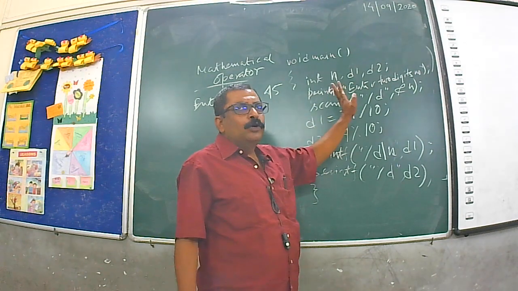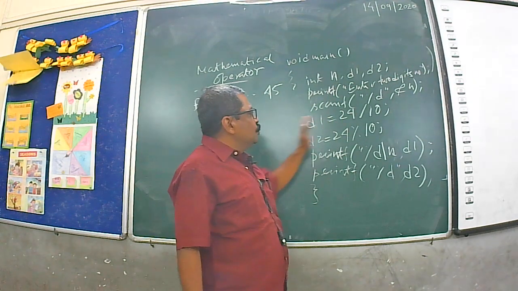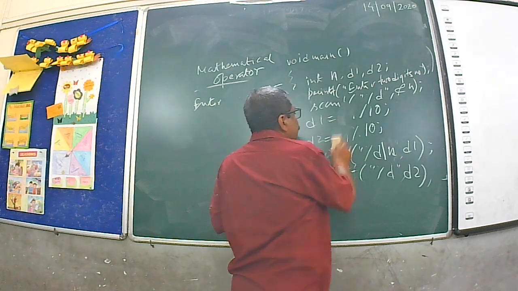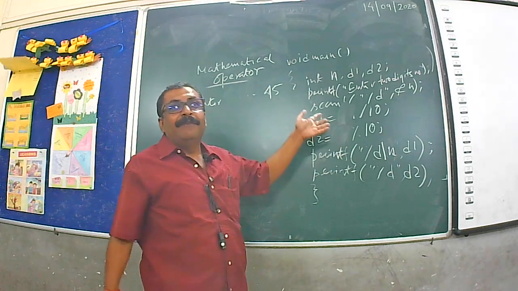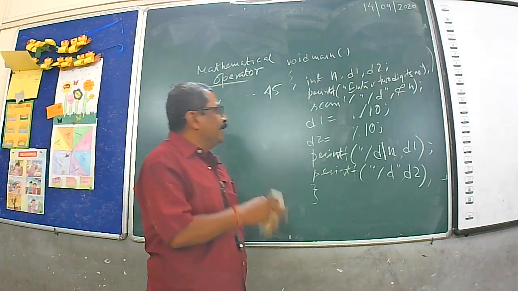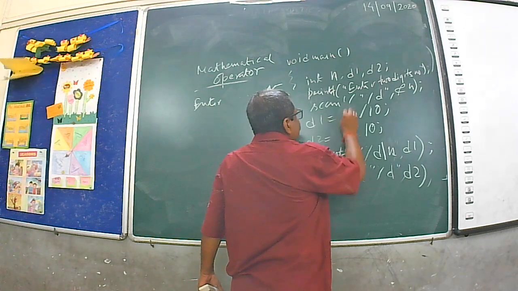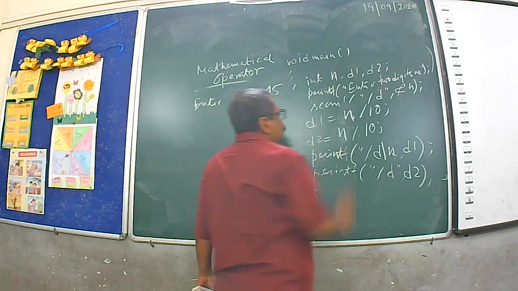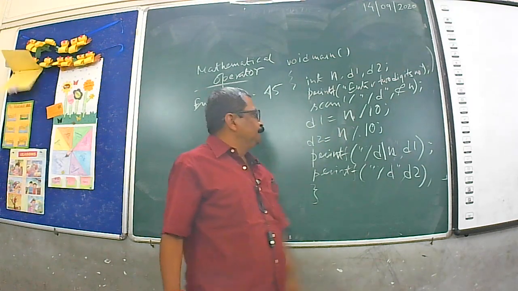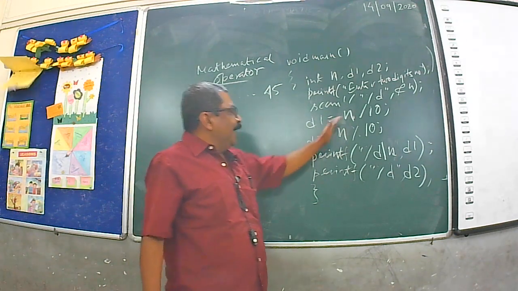So, n is equal to 24. Here I have to change, because that time the value had been fixed, that is the reason I gave 24 modulo 10 like that. D1 is equal to n divided by 10, D2 is equal to n modulo 10.